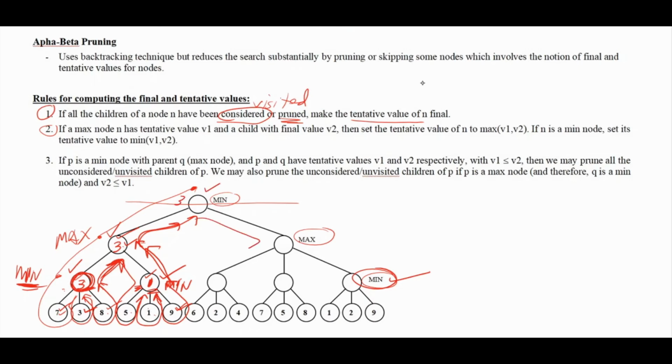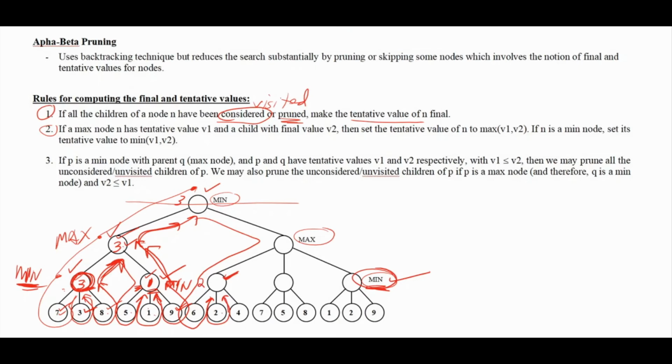And we go down to this subtree and propagate 6 to this parent node. So the tentative evaluation value of this parent node is 6. And then we go down to 2, and then we update the tentative value of this node by getting the minimum of 6 and 2. And that minimum value is, of course, 2. So we change the tentative value of this node to 2.